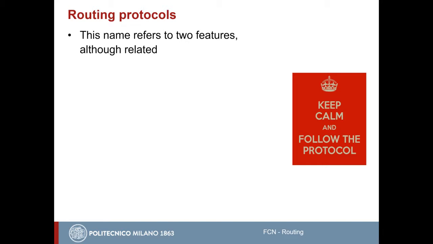The routing protocols are the mechanism by which we can perform a routing algorithm in a network. In order to perform a routing algorithm, we have to overcome the environment of a single link, because here we are talking about an end-to-end path.